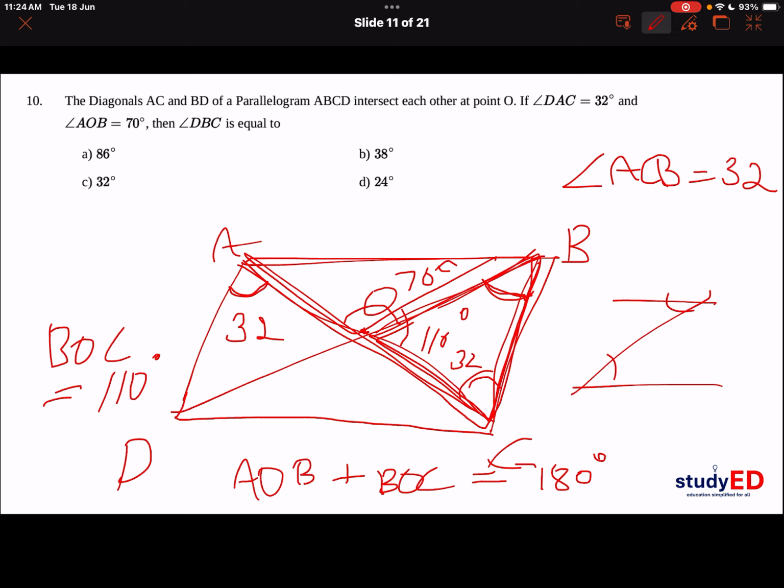By subtracting this, we get CBO is 38 degrees. Now, our given value is to find the angle DBC. This one. So, directly, this angle and this angle, both of them are the same. So DBC is nothing but 38 itself. That gives us 10B.